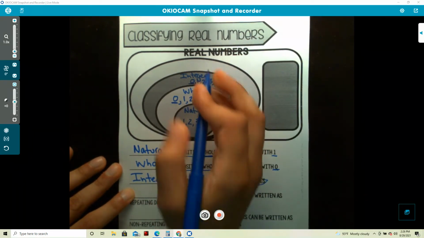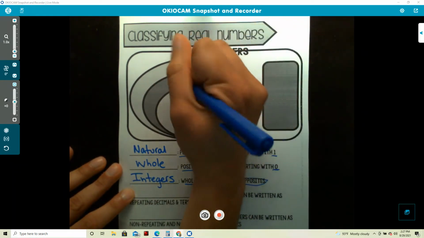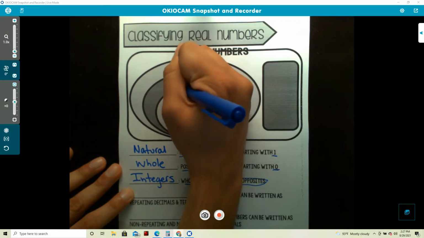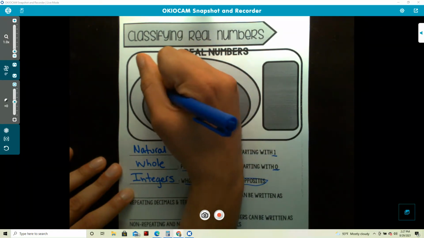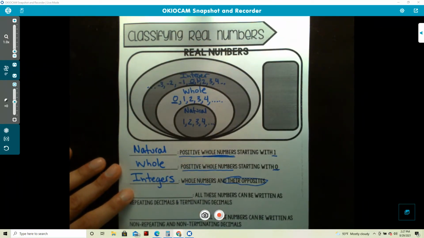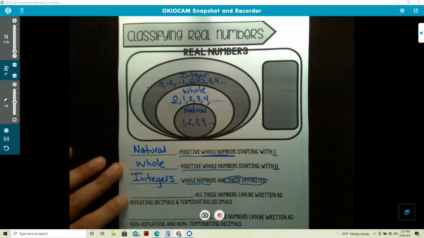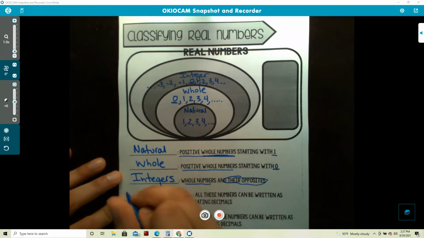Notice it does have 0. And then the negative whole numbers, such as -1, -2, -3, and going on. So -4, -5, keep going, as long as it's a whole number. So those are integers.